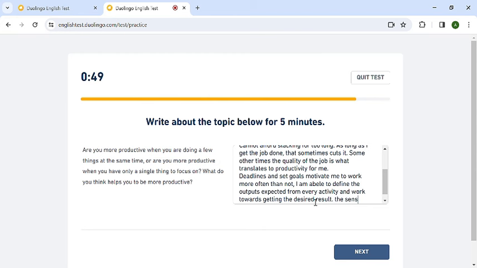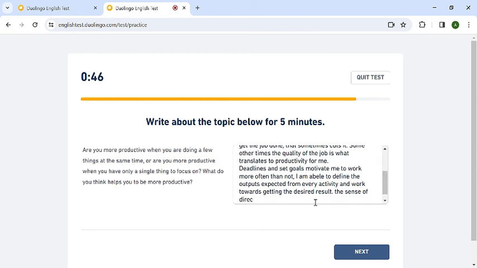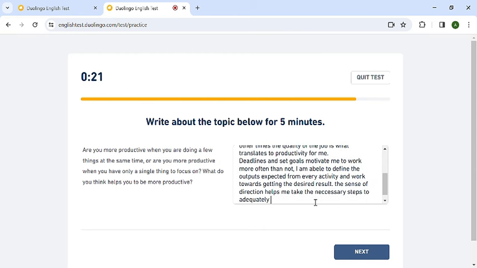This sense of direction helps me take the necessary steps to adequately make the most of time and resources. I don't have so much time again.